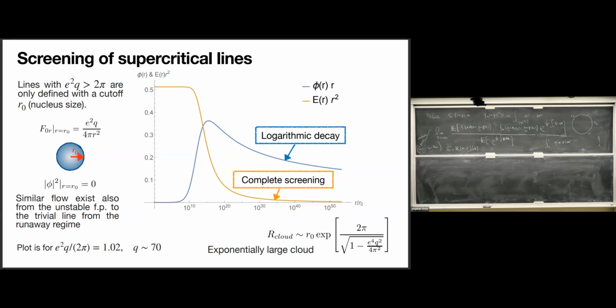This is the numerical solution. So here, e squared Q over 2 pi is 1.02. So you're just a little bit above criticality, right? Namely for charge 70. And here, that's the distance. And in orange, it's the electric field when normalized by R squared. So you see, it started its life as a Coulomb, just a constant E times R squared.